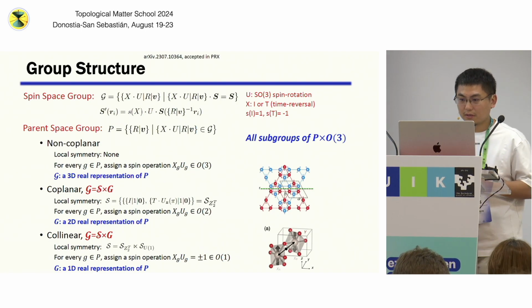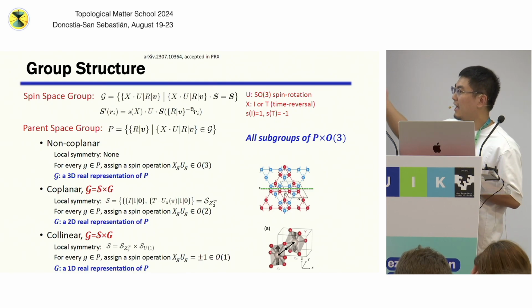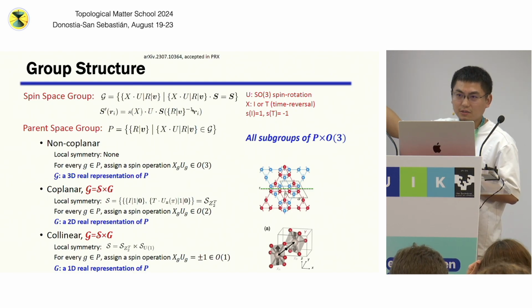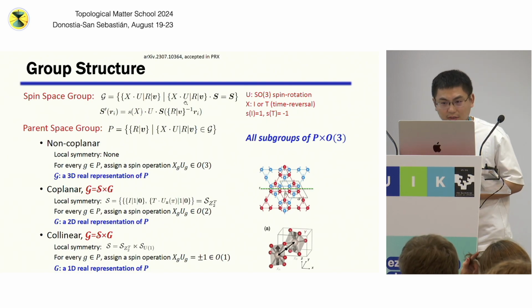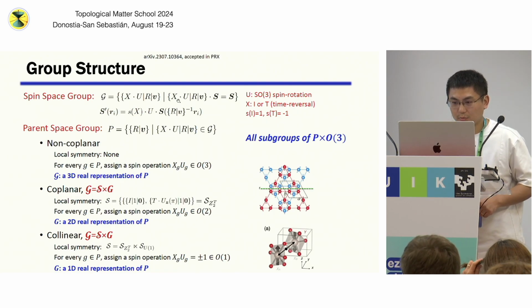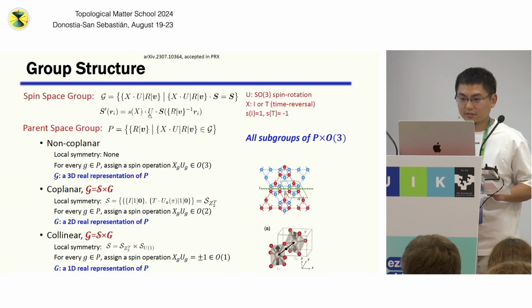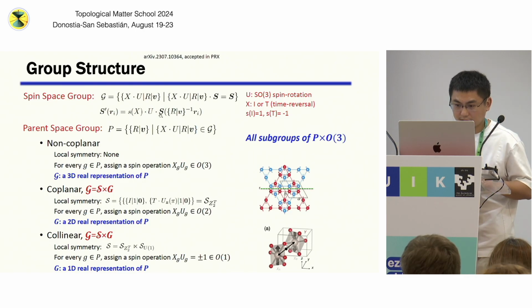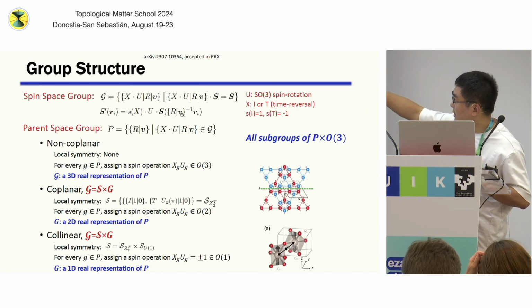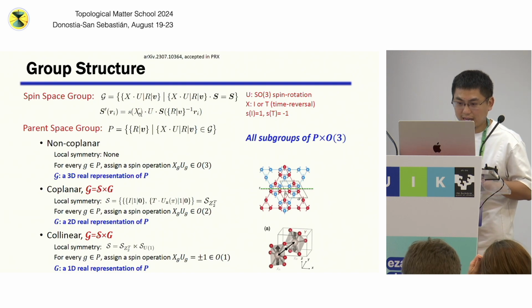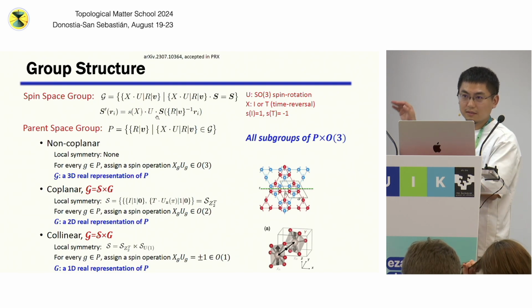spin structure. Basically, as we understand S as a classical vector field, you can understand χ_U as a 3x3 matrix. So we define this operation, and its action on such a spin configuration is defined in this way. The spatial part only acts on the position, and the χ_U part acts on the spin.